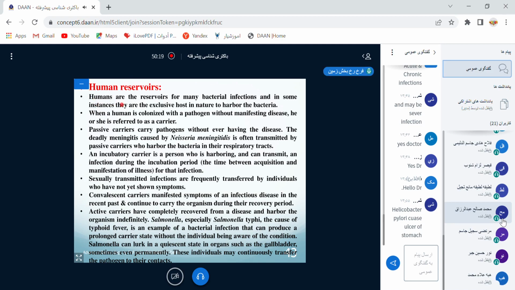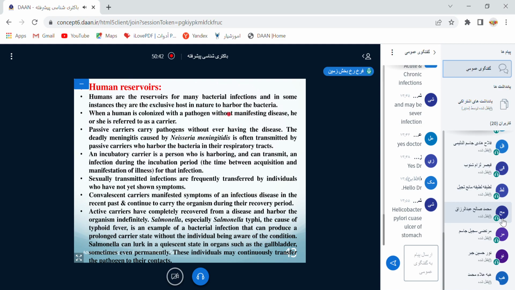Humans are the reservoirs for many bacterial infections. In some instances, they are the exclusive host in nature to harbor the bacteria.